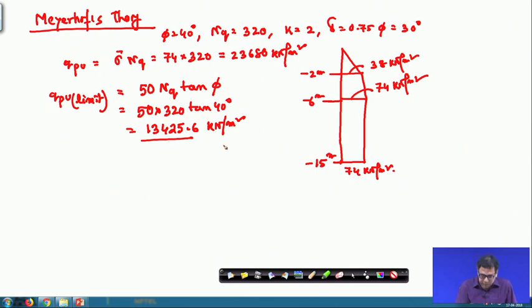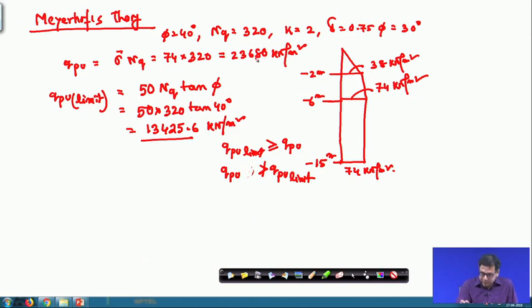So, that is why your QPU limit is greater than or equal to QPU, or in other words, QPU cannot be greater than QPU limit. So, this cannot be greater than QPU limit.